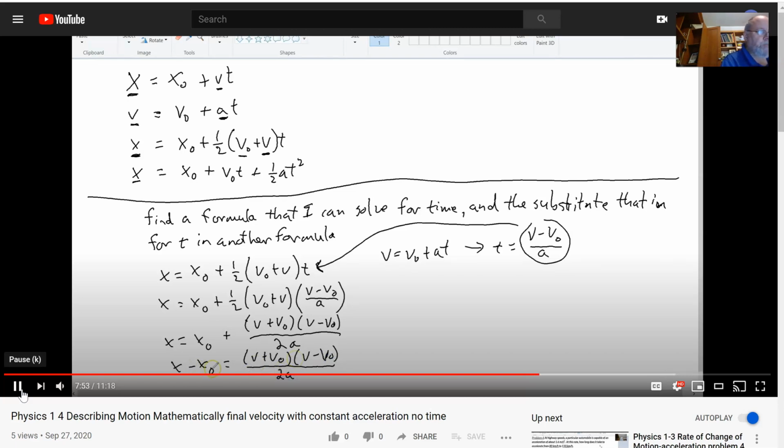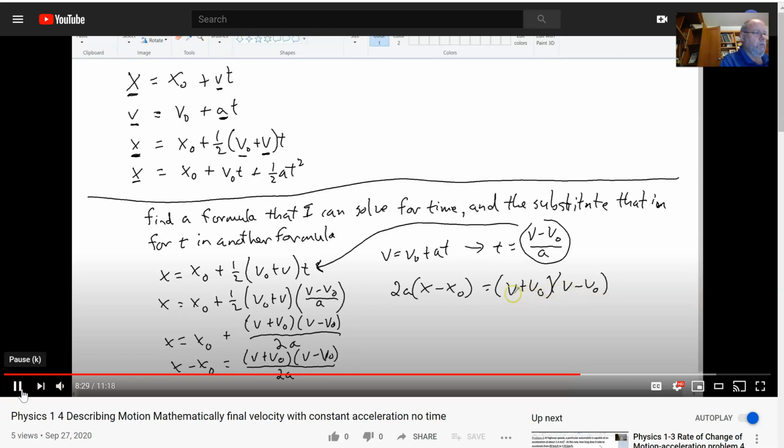Now I'm going to get rid of this denominator. I'm going to multiply the other side by 2a, and so I'm going to say 2a times x minus x0 equals v plus v0 times v minus v0. Now, if I remember my algebra, if I were to multiply this out, this is the same thing as a difference of squares.